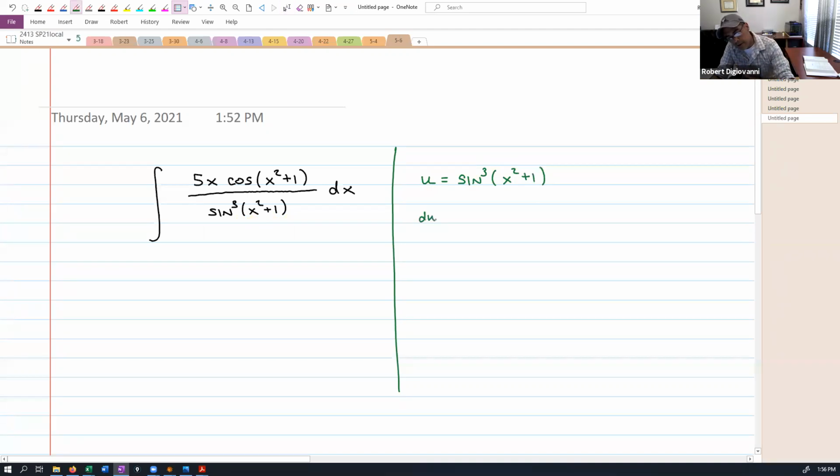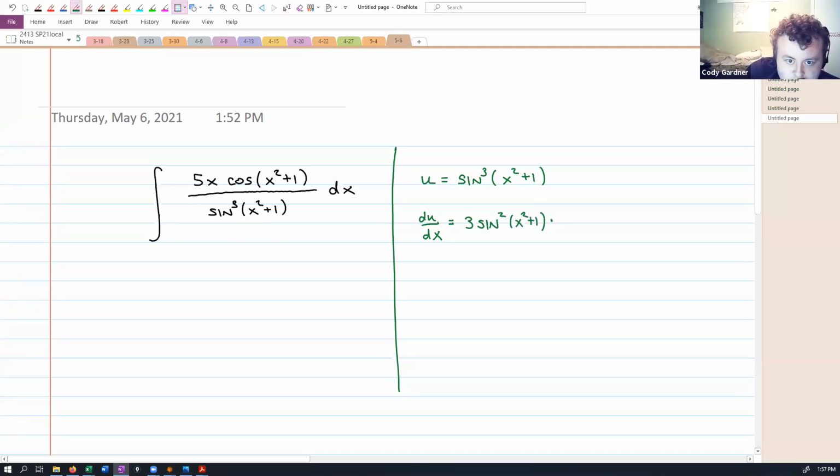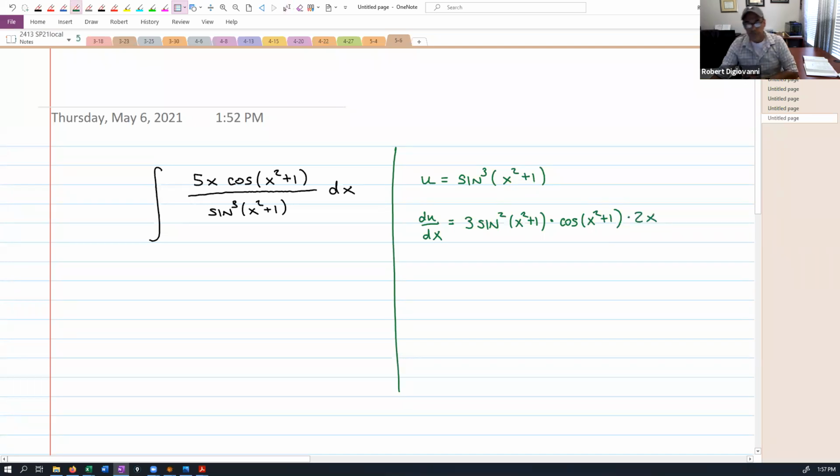If we take the derivative of this, we have to do the chain rule, right? The 3 comes out, sine squared of x squared plus 1, times the derivative of sine, cosine of x squared plus 1. Now you take the derivative of the inside of that, 2x.